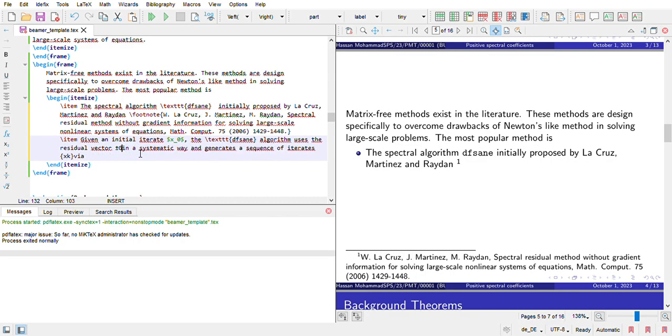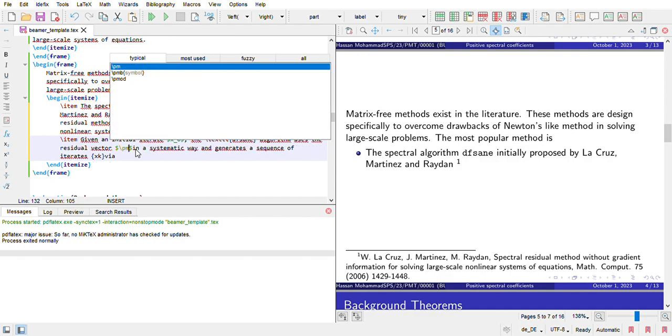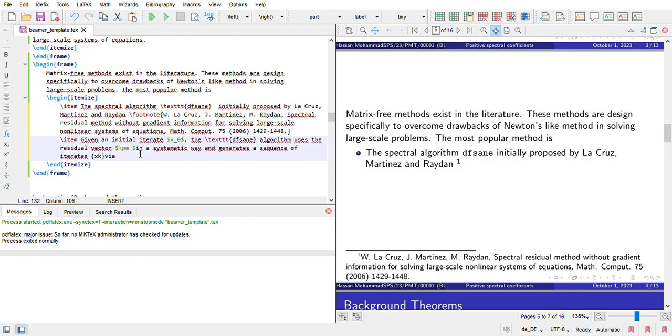The residual vector, now in math mode, I have to put plus or minus, which is \pm, then f of xk, in a systematic way, and generate a sequence of iterates. Now we have a sequence.